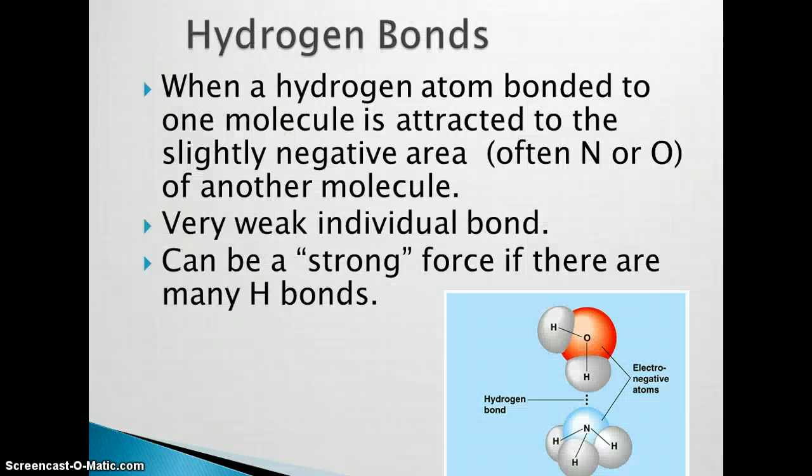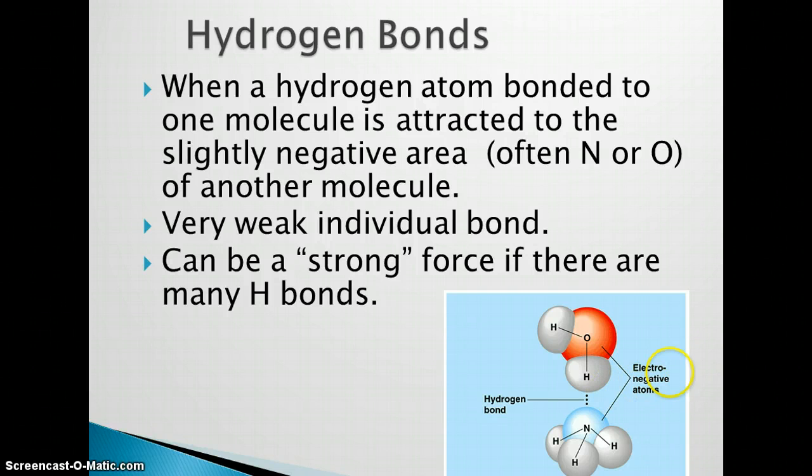The last one we're actually going to talk about is hydrogen bonds. And so hydrogen bonds are when a hydrogen atom is bonded to another one with a slightly negative area. Let me explain that with the picture, because I like pictures. And so this hydrogen bonds happen with hydrogen atoms. Makes sense.